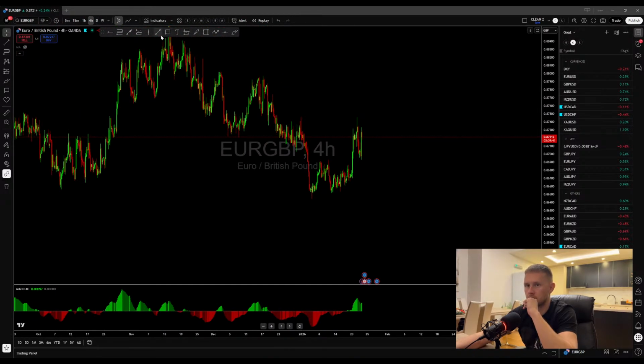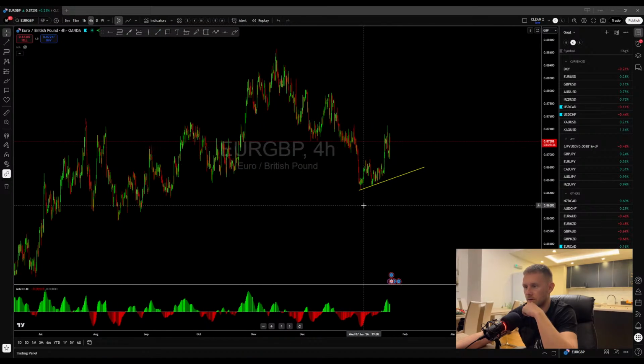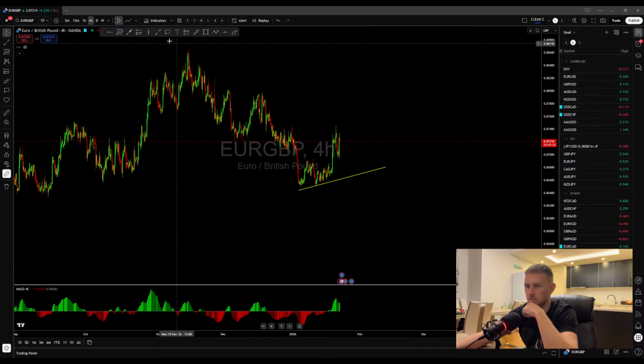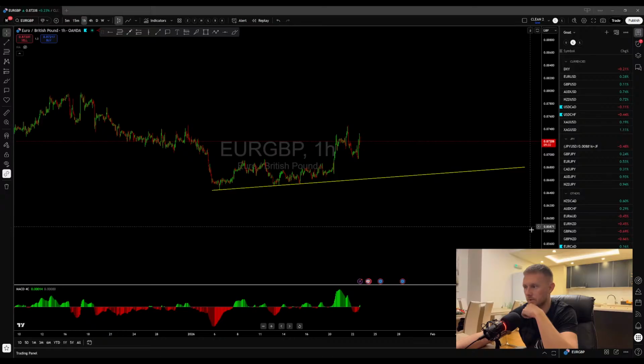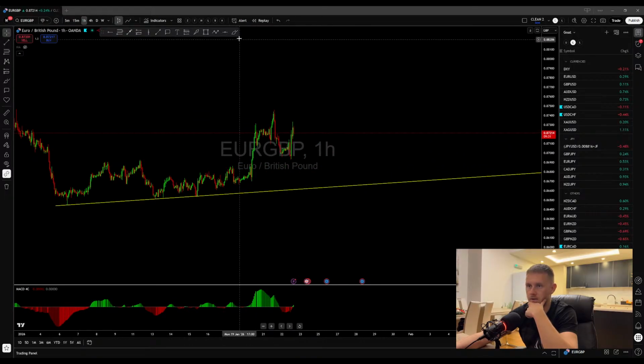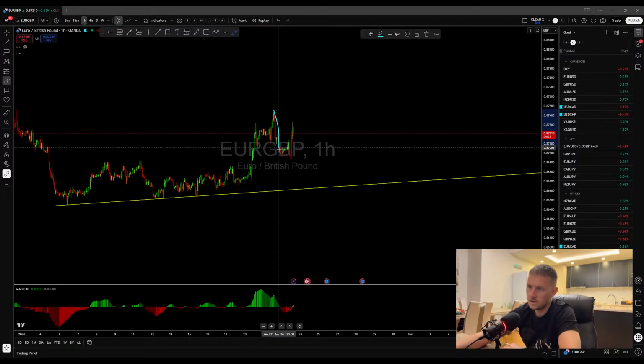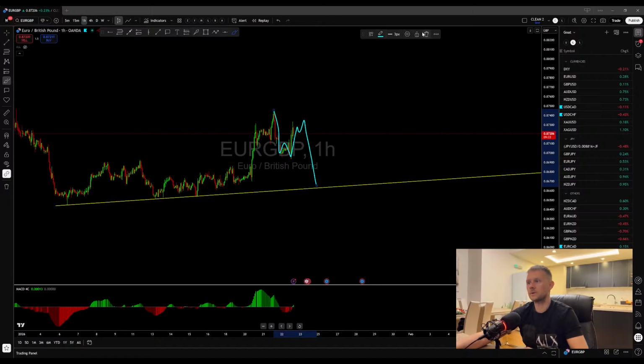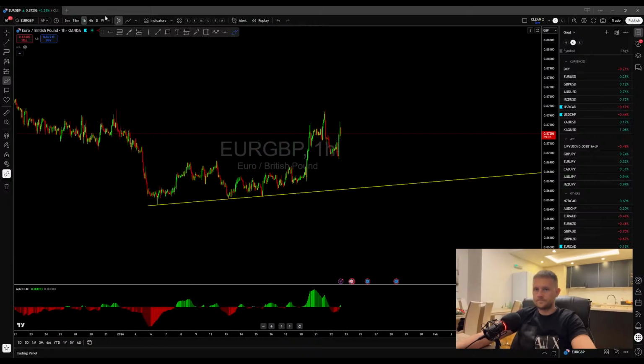Euro GBP, this one is going to go lower. That's a very corrective looking structure. This one leg lower. 1 hour, nothing yet. Alright, I think this is the second wave of the correction. This is the A, this will be the B, whatever it does, and then C, and then we'll see what the price is about to do.